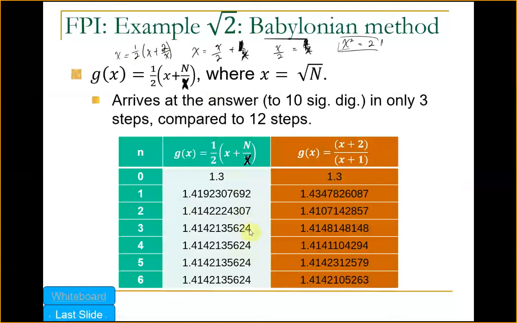Realize it is within 10 significant digits after 3 iterations, and actually after 1 iteration it's pretty satisfactory. It's within 1% after 1 iteration. This one is within 1% after about 3 iterations. So you see the difference, right?